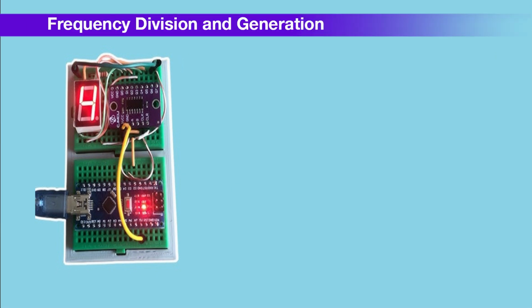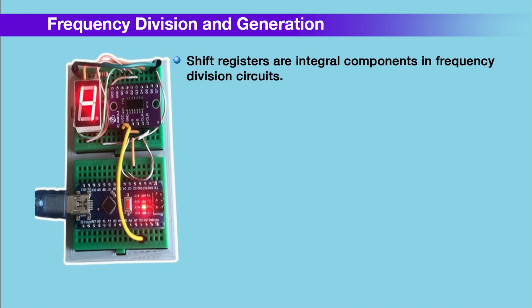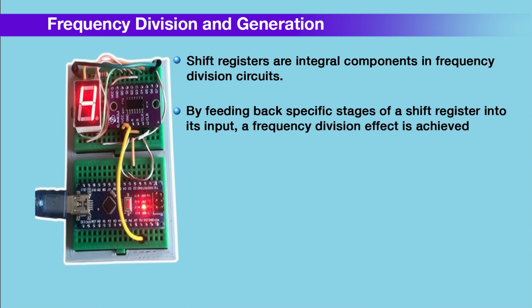The next application is frequency division and generation. Shift registers are integral components in frequency division circuits. By feeding back specific stages of a shift register into its input, a frequency division effect is achieved.